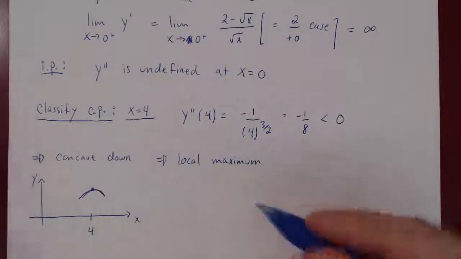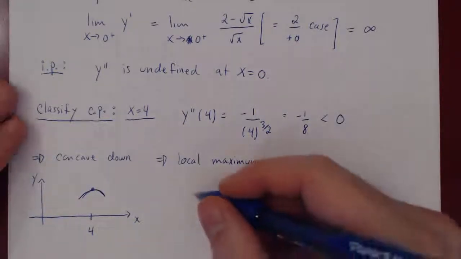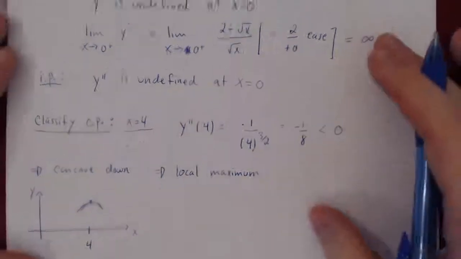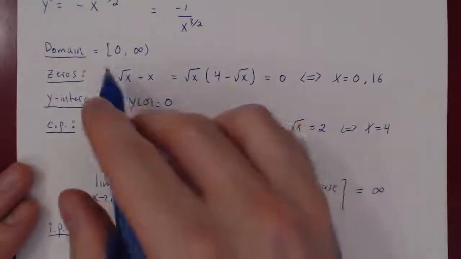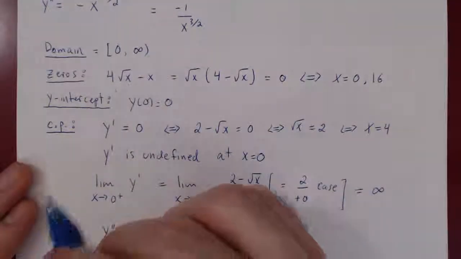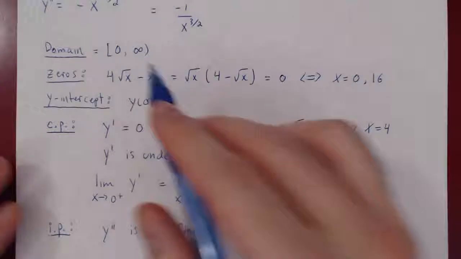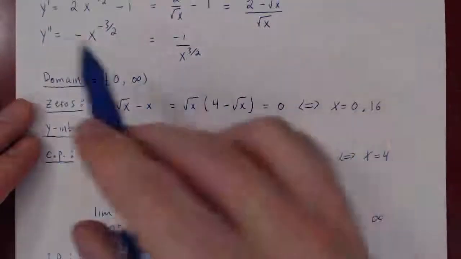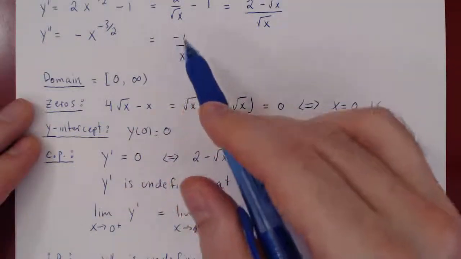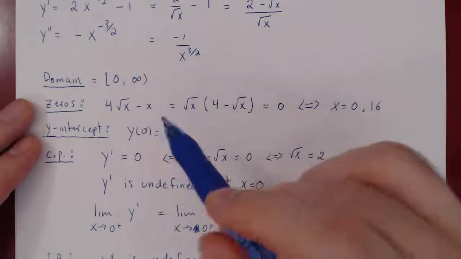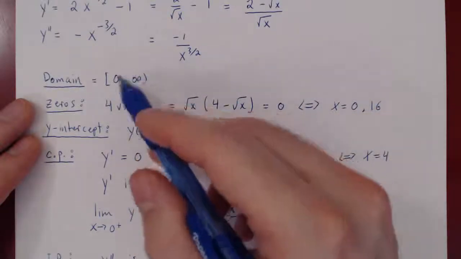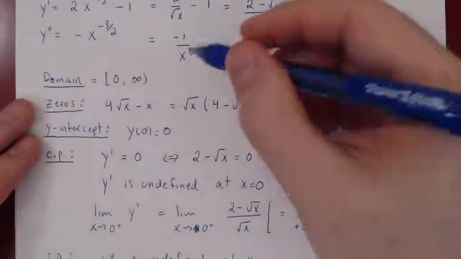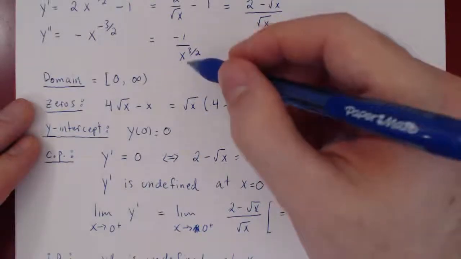One thing is worth mentioning. If you go back to the two observations, our domain consists of non-negative numbers, and the second derivative is negative 1 over a positive power of x. So if you notice, for any x value that is non-negative, x to the 3/2 will be non-negative.